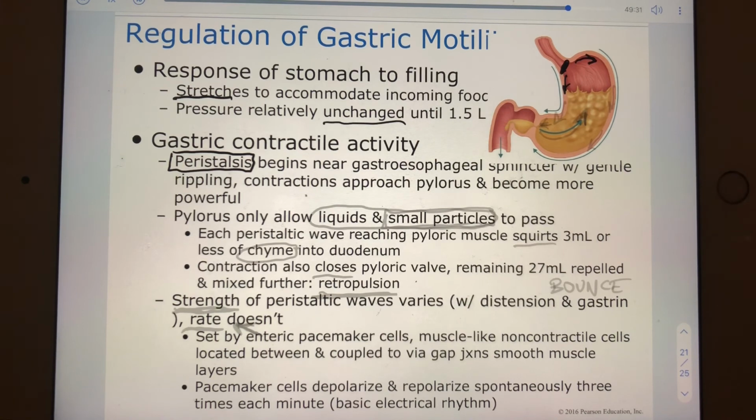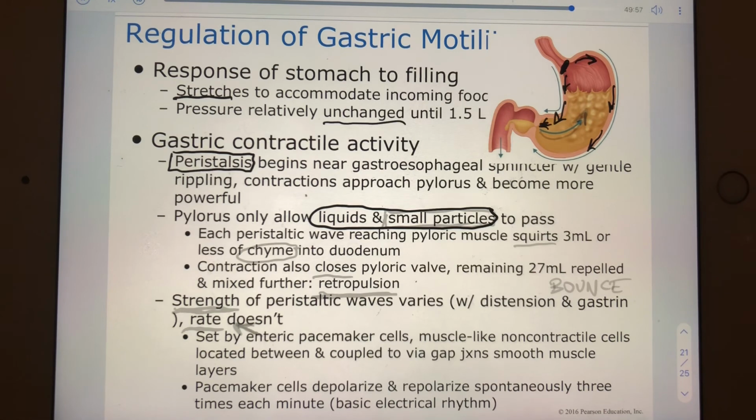But as we approach the pylorus, these peristaltic contractions become stronger and stronger and stronger. And the pyloric valve will only allow liquids and small particles to pass through.